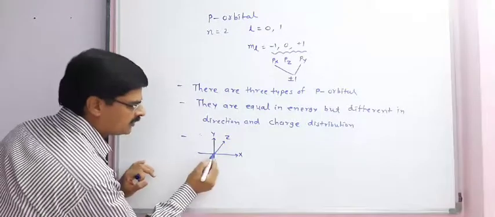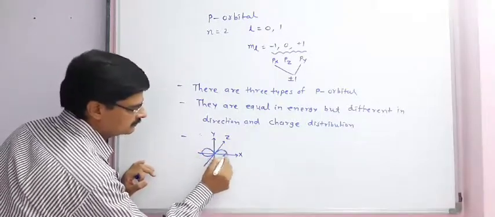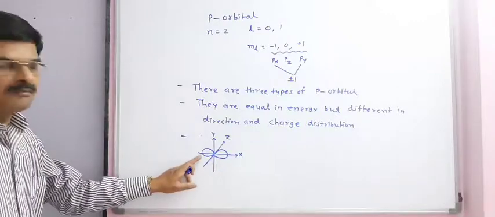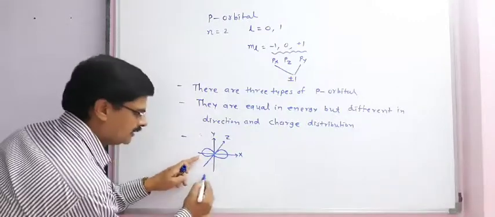When we draw Px orbital, then this is the boundary diagram for Px orbital.